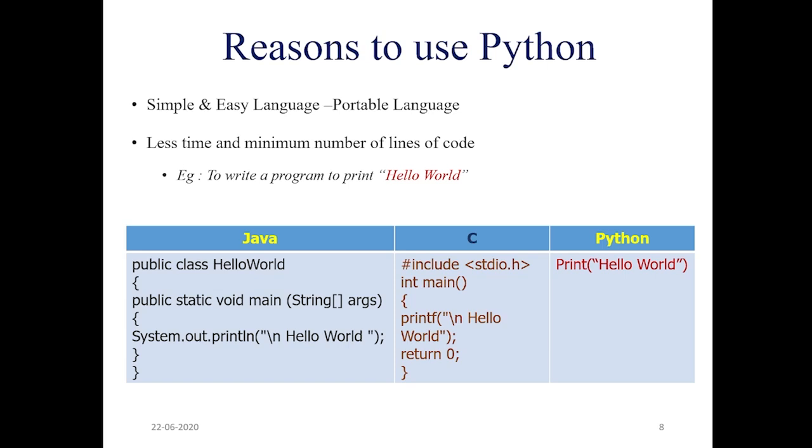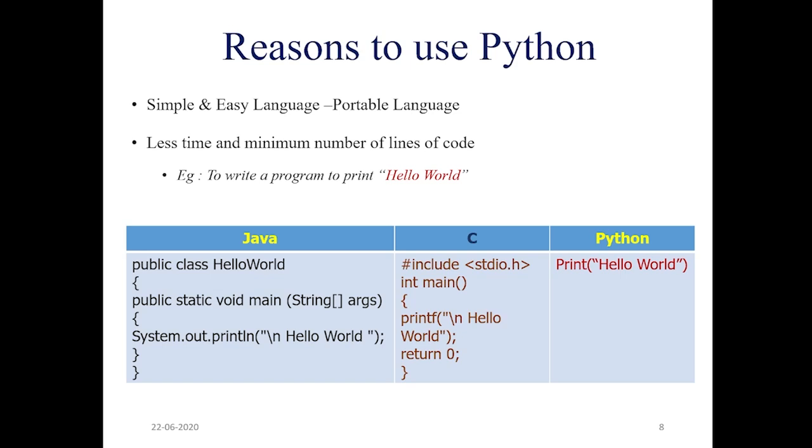For example, when you want to print the hello world statement in Java, first you have to create a class and main function, and then only you can write the printing statement, that is System.out.println, and inside it give the statement like hello world. Whereas in C language, first we have to include header files, then the main function, and inside that we give the printing statements. Whereas in Python programming, only one printing statement is enough to print hello world.